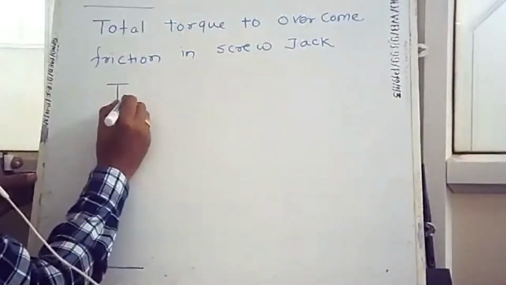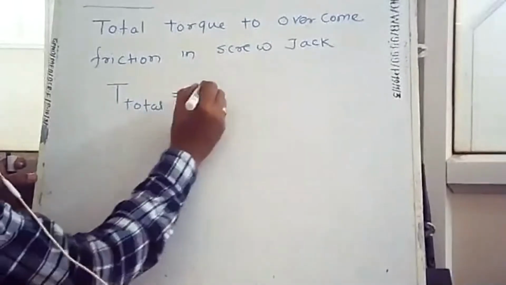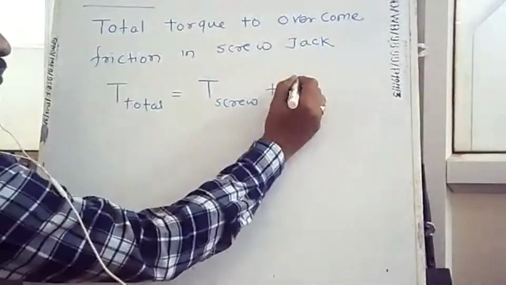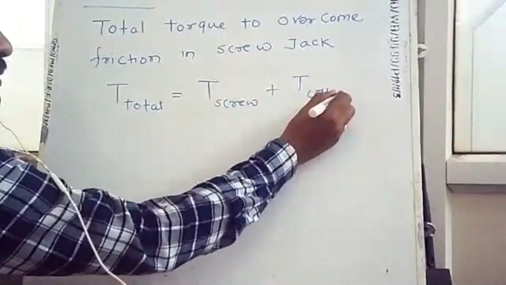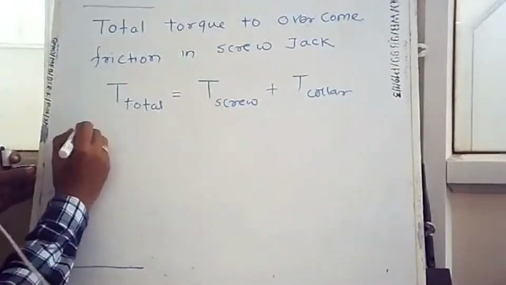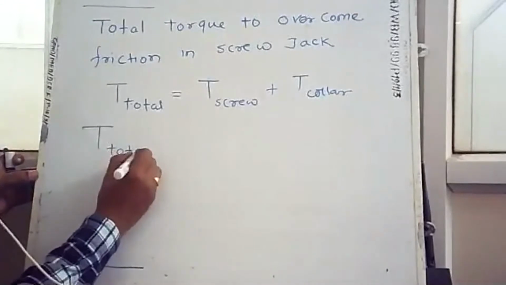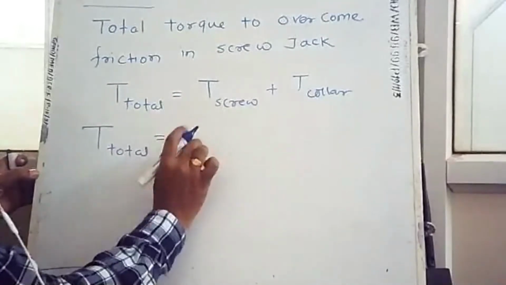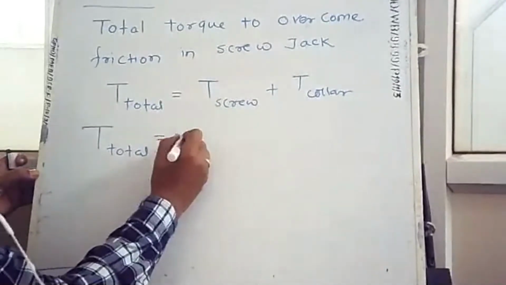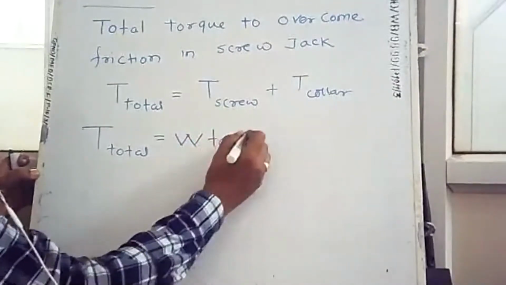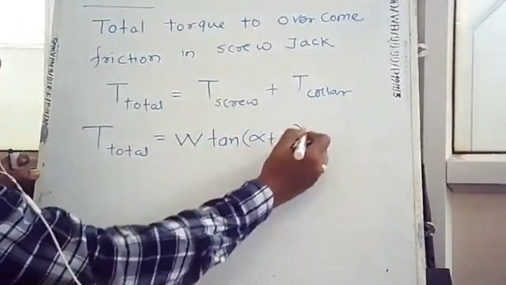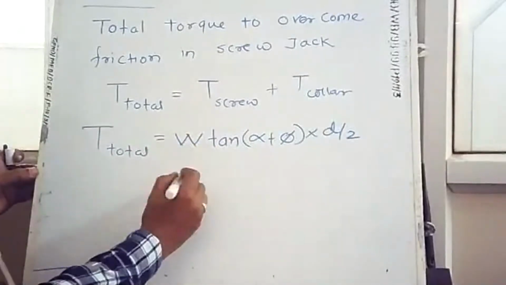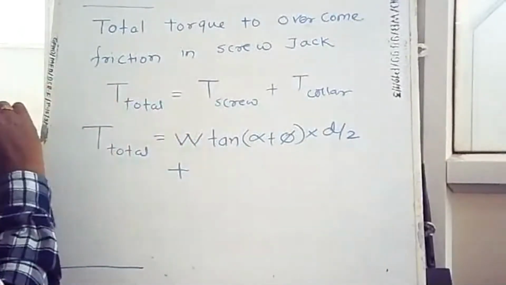T total equals the torque required to overcome the screw friction plus the torque required to overcome the collar friction. So T total is equal to W tan of alpha plus phi into d by 2, which is T1 or T screw, plus the collar friction.